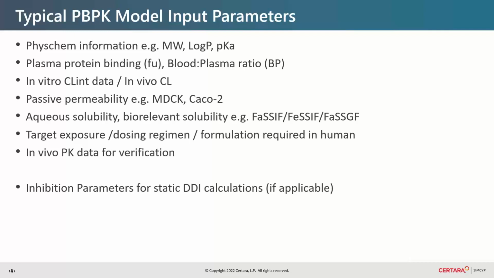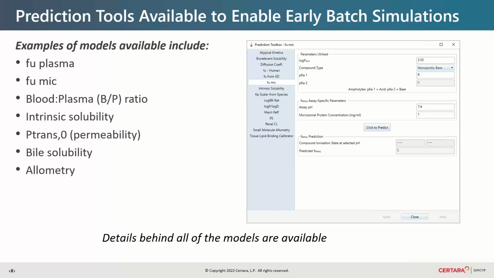If we're comparing to known data in preclinical species, we can use in vivo data for model verification. Sometimes that's useful to help show that the models are working well, or what adjustments we need to make. In the animal species, we can then think about whether those are relevant for the human situation. And obviously, if we want to use the static DDI calculation, we need some inhibition parameters.